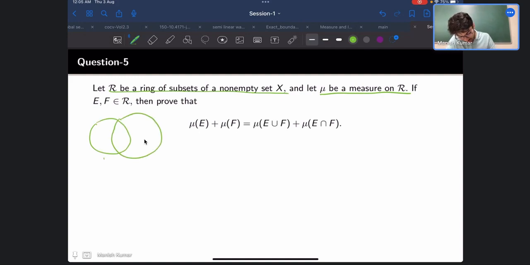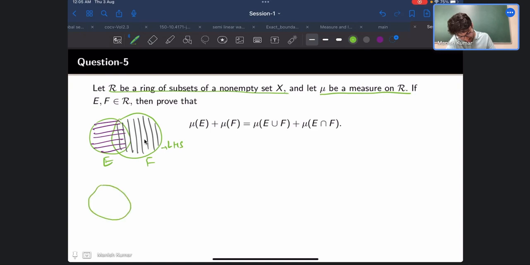So this is your E and this is your F. What it says is that the measure of E, and the measure of F, will be equal to, so this is the left hand side, LHS, and what is RHS?